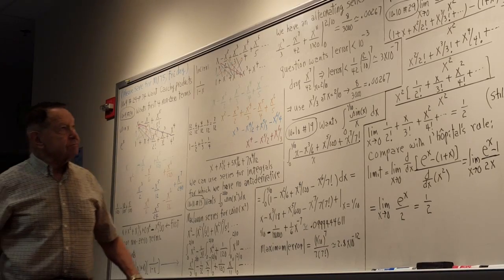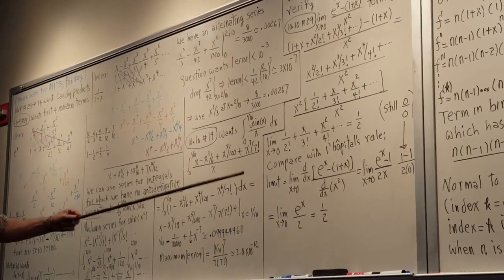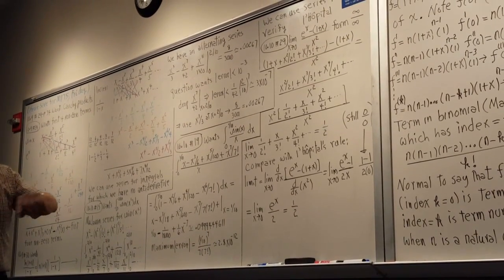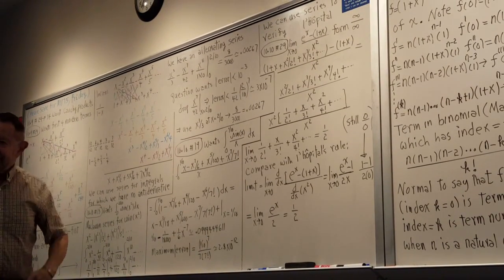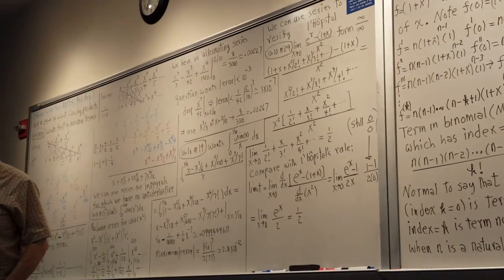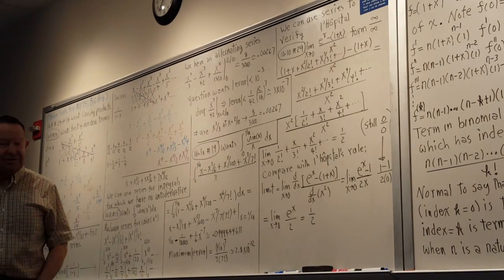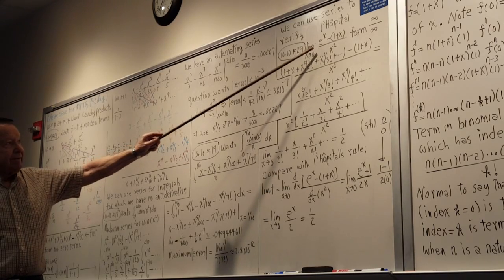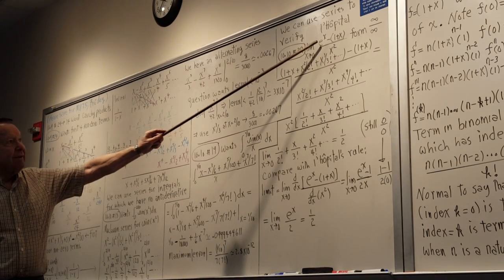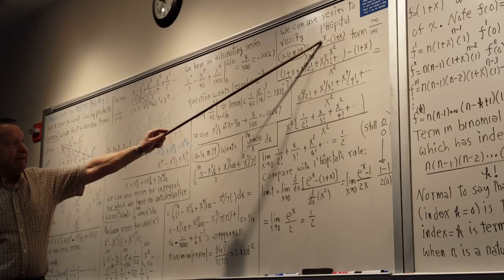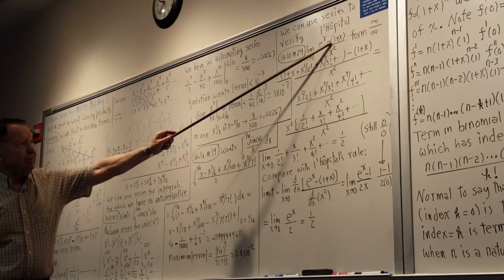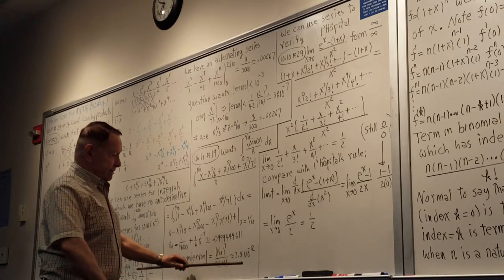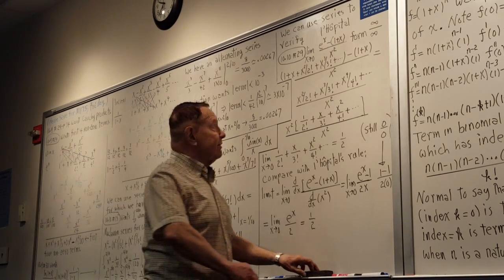The last thing for today then: you can also use expanding something in a series to verify that L'Hopital's rule does give you the right answer. So, for example, the limit as x goes to 0 of e to the x minus 1 plus x over x squared. Let's see, I said something wrong there.